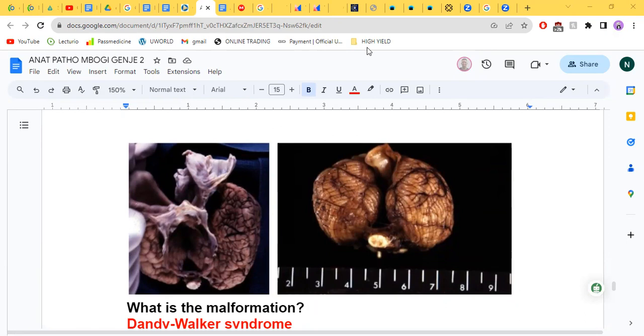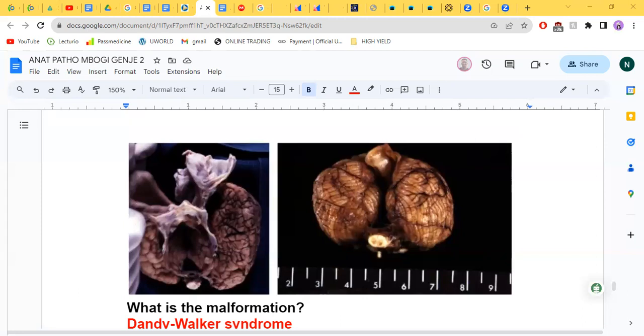So maybe you'll have agenesis of the cerebellar vermis and a dilated fourth ventricle. Someone has asked how we know. When you look at the brain in the right picture, there's no vermis, no white bundle that is usually in between the two cerebral hemispheres, and we can see it's absent.